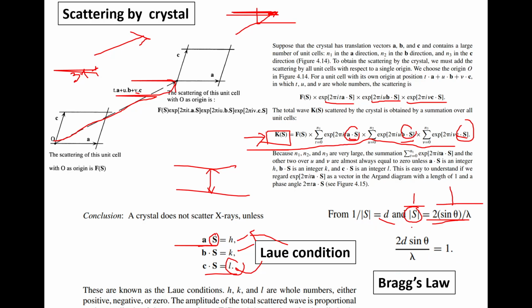If the order of diffraction is 1, you find that 2d sin theta equals lambda. If the order is n, it will be n lambda, that is 2d sin theta equals n lambda. So from here you get Bragg's law. Bragg's law and the Laue condition point to the same equation, but they have different forms.